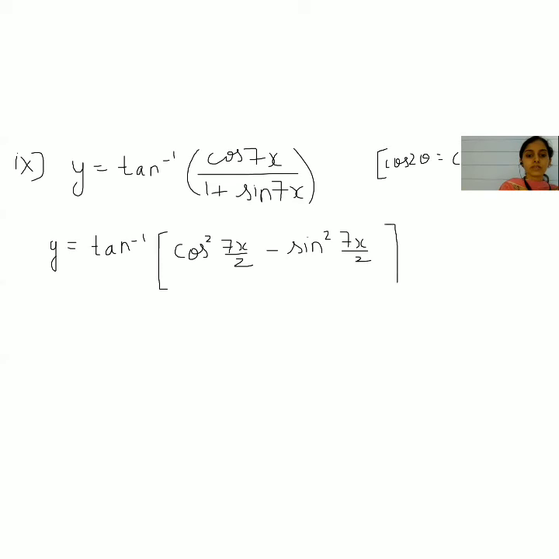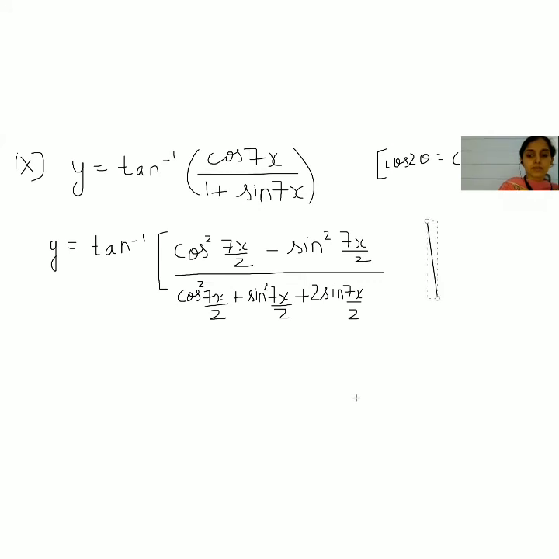So this is your numerator divided by denominator 1 plus sin 7x. So 1 can be written as cos square 7x by 2 plus sin square 7x by 2. Now, why am I writing 7x by 2? Because sin 7x I'm going to write as 2 sin 7x by 2 cos 7x by 2.